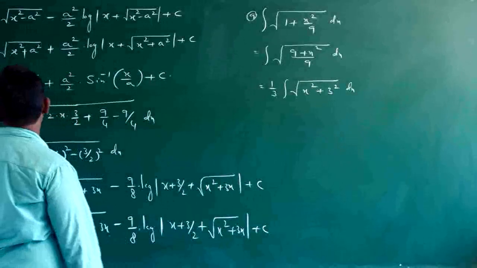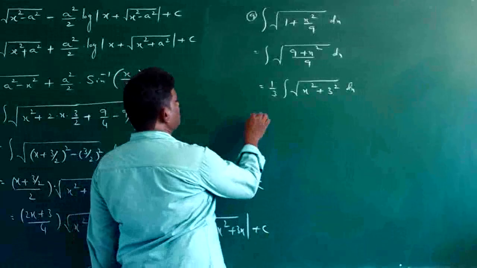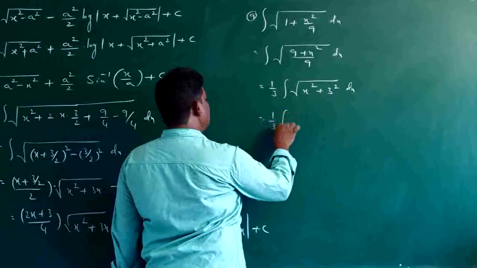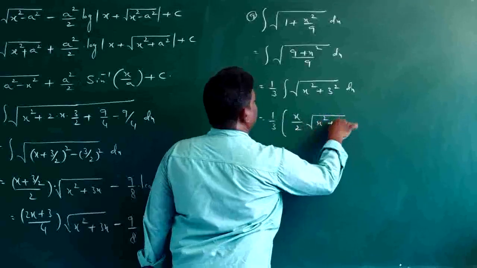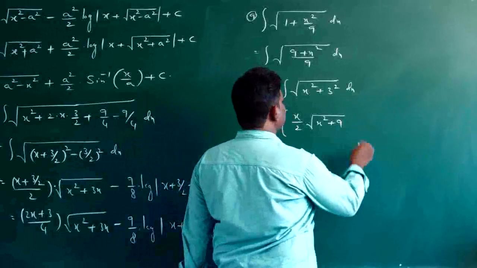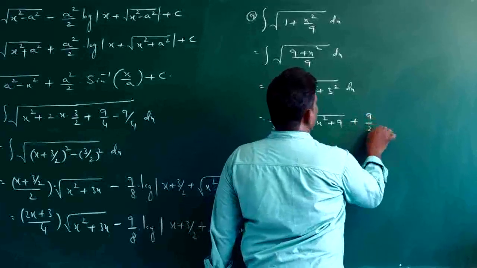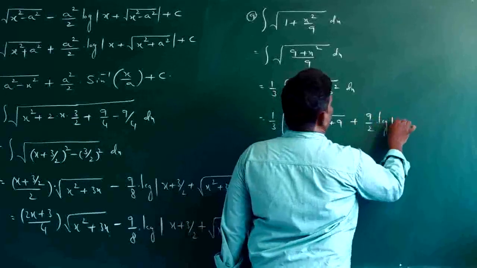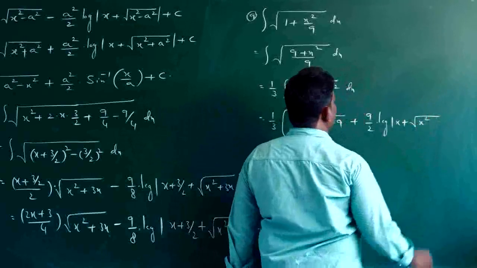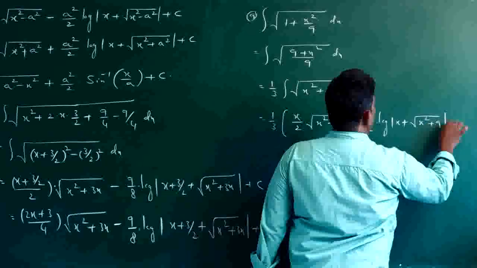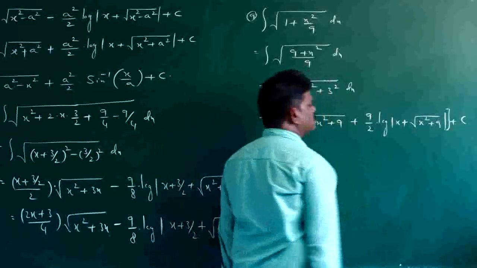Means what, my x² + a² formula, the second formula. If we take it, 1/3 into x/2 square root of x² + 9 plus a²/2, a² means 9/2, log of x + square root of x² + 9 plus c.